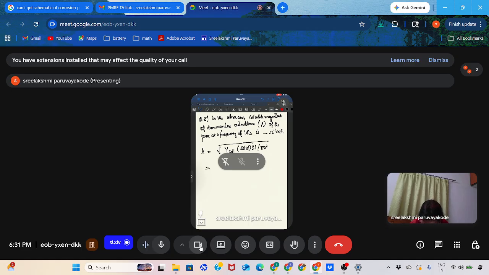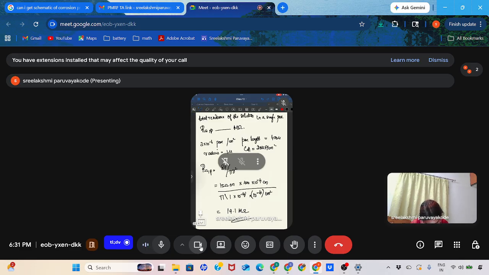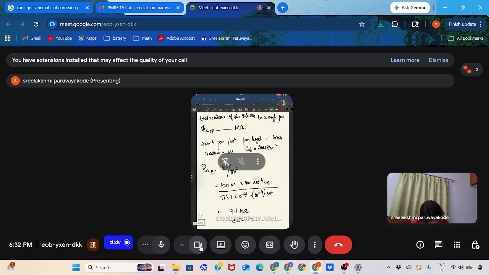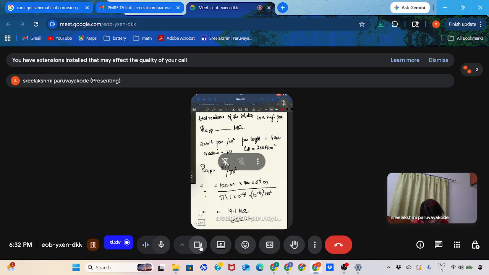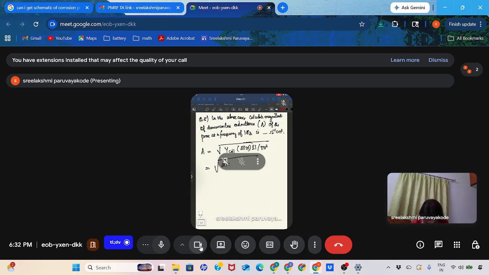If I solve it, the Y naught value is 20 microfarad per centimeter square. Pi and pi go, one R goes, so it becomes 2 L and L, that is L square.